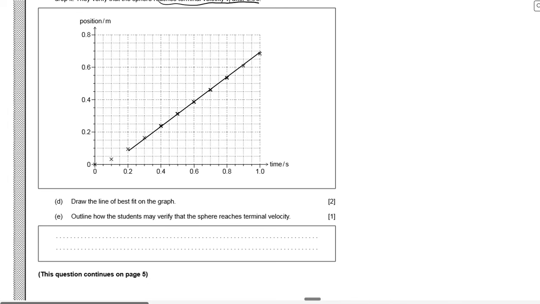Okay. And so if we go here, it's not going to be straight. If we're here, that's pretty straight.